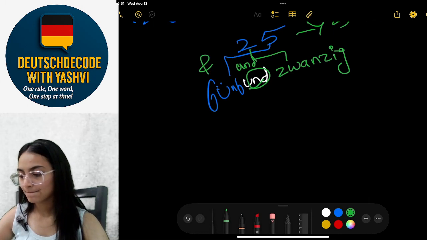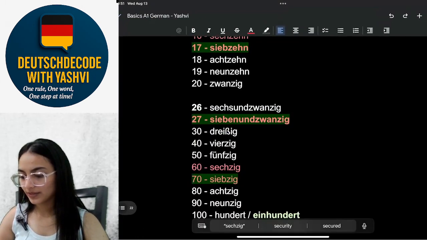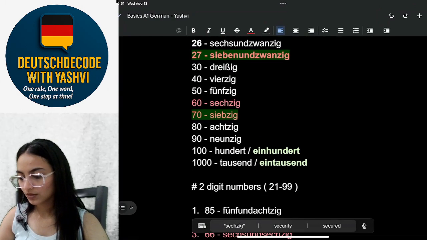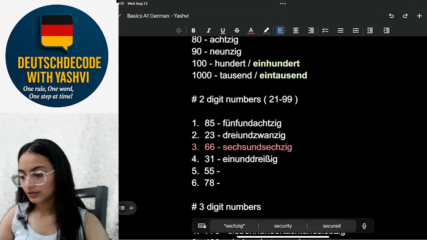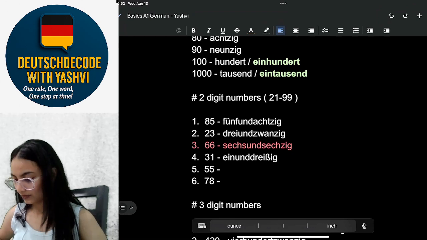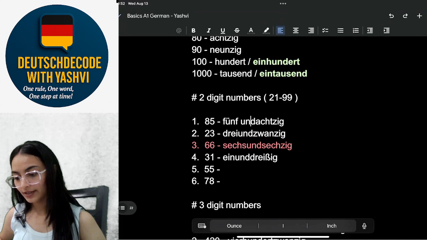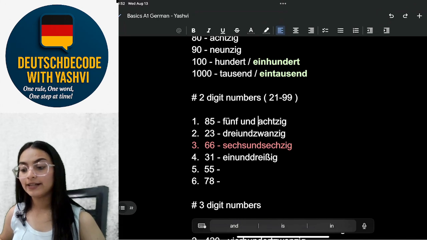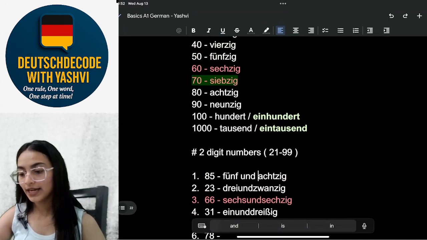And so let's see some examples here. 85. It's 5 and 80. 5, it's 5. Then we add and then 80. 80 is 80.